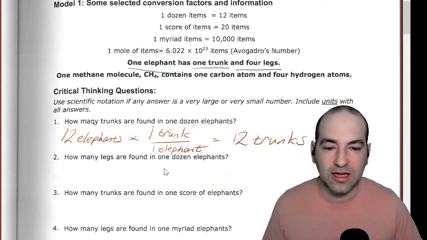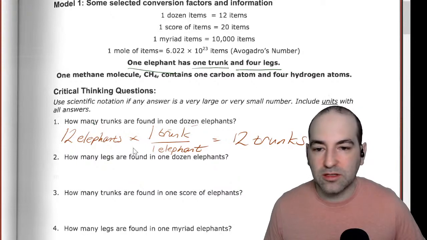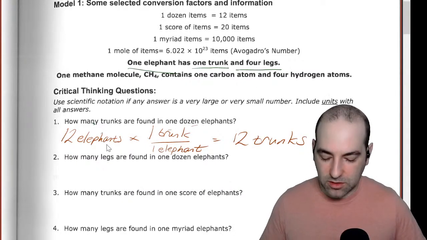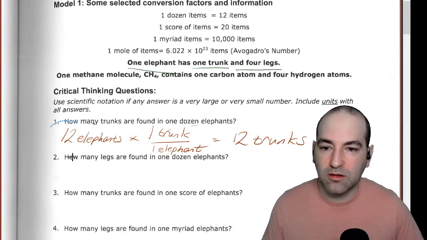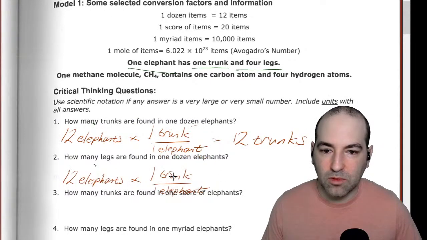So then if we look at the legs in the elephants, what's changed? We still have a dozen elephants, but now each elephant has 4 legs, so we're going to multiply that by 4. So we can actually take a similar calculation, copy and paste it and move it down here.